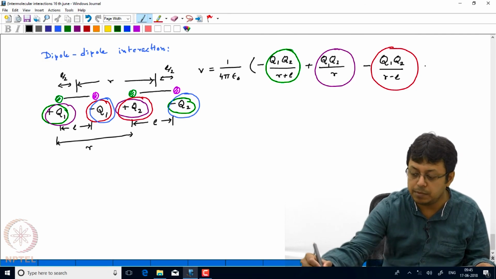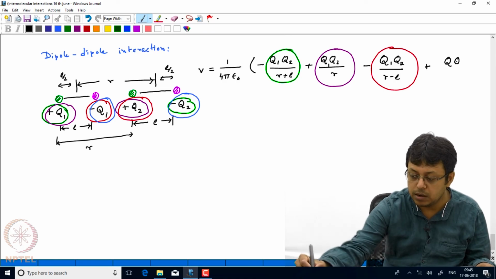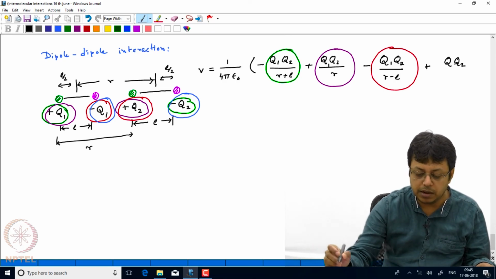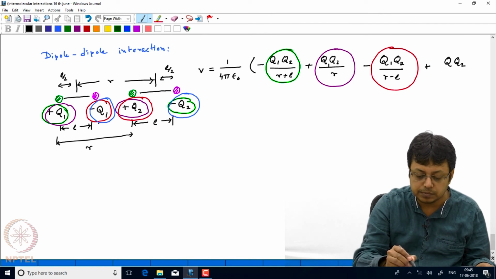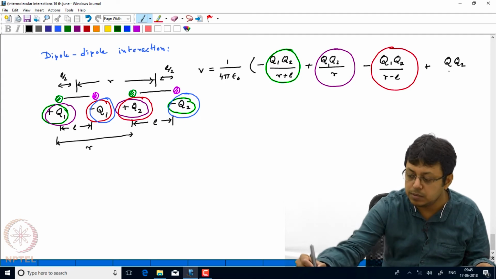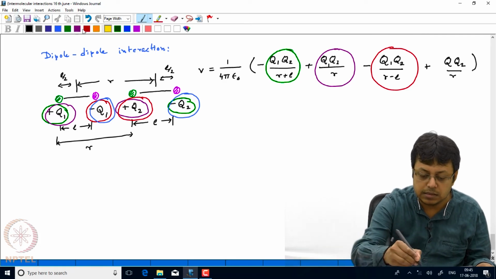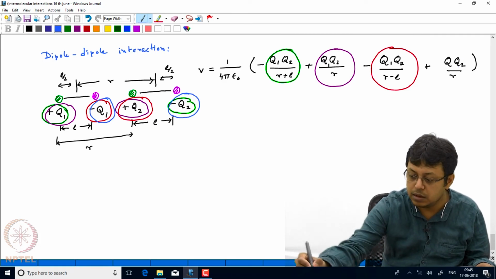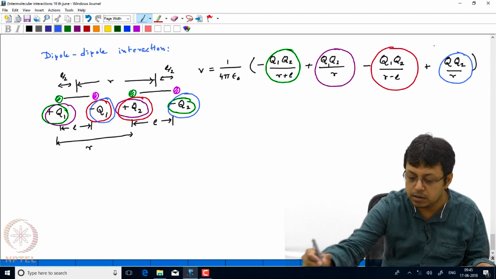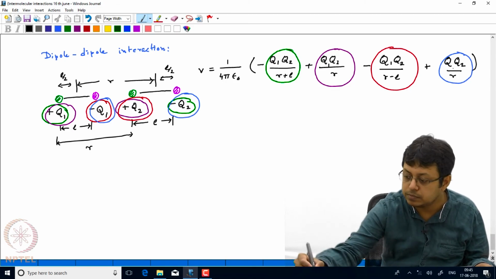So, obviously, I will have a plus term, which is Q1 Q2 divided by, now let us see the distance. The distance in this case will be R minus L by 2 plus L by 2. So, it will be basically R, and this interaction is between minus Q1 and minus Q2.